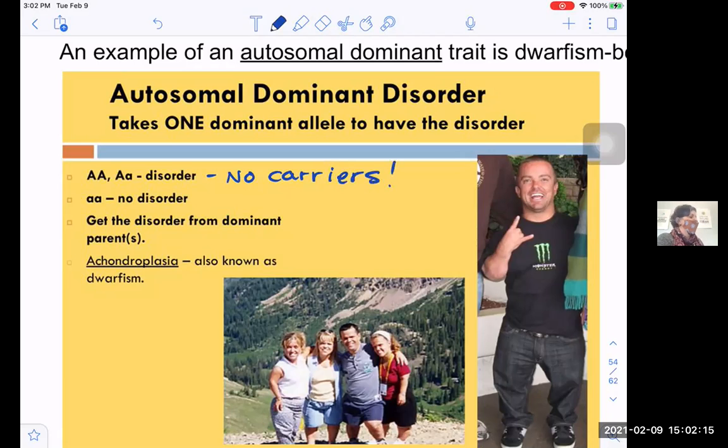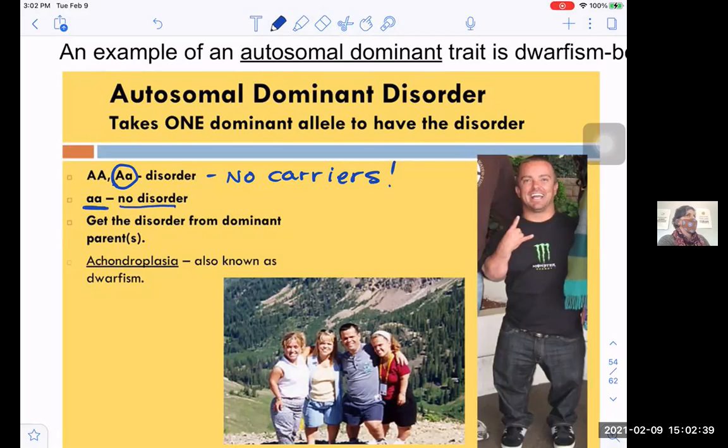And there's no carriers because by definition, carrier means you're carrying the allele, but you don't have the trait. But the heterozygous individual has the disorder or the trait. So there are no carriers in autosomal dominant. And if you are homozygous recessive, then you are normal.